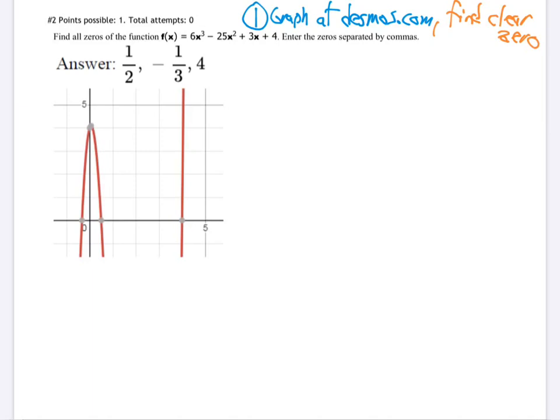So what's a clear 0? This is 1, 2, 3, 4, 5. Boom, right there at 4. It's clearly hitting at 4, and we already have the answer, so we can see it's going to be 4. The other ones aren't as clear. This is somewhere negative. This is somewhere positive.